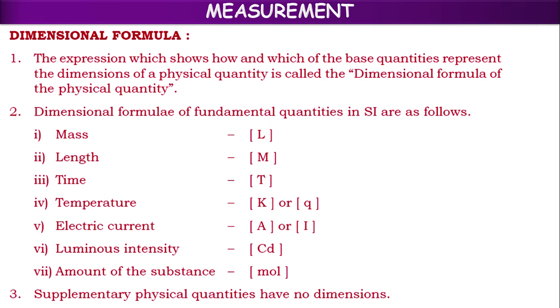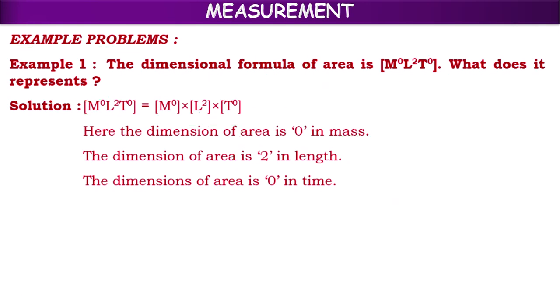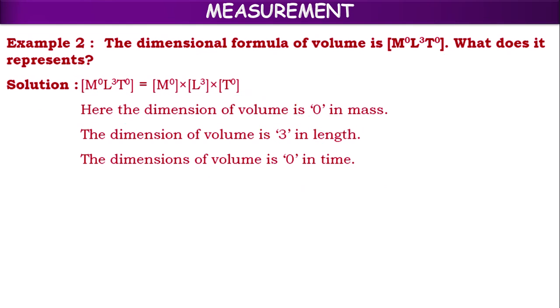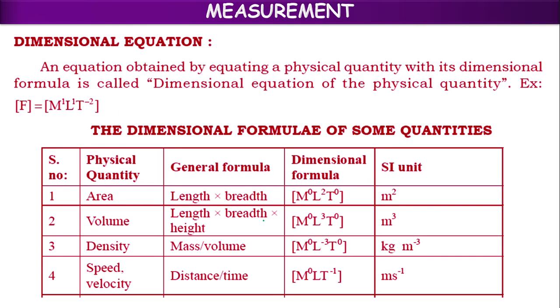It represents what the dimensions in mass, length, time are, which we have to write. Dimensional equation means equating the dimensional formula with the physical quantity. The complete expression is called a dimensional equation.